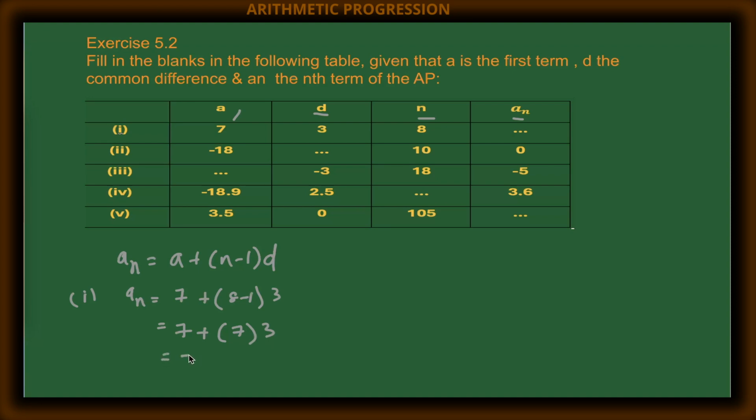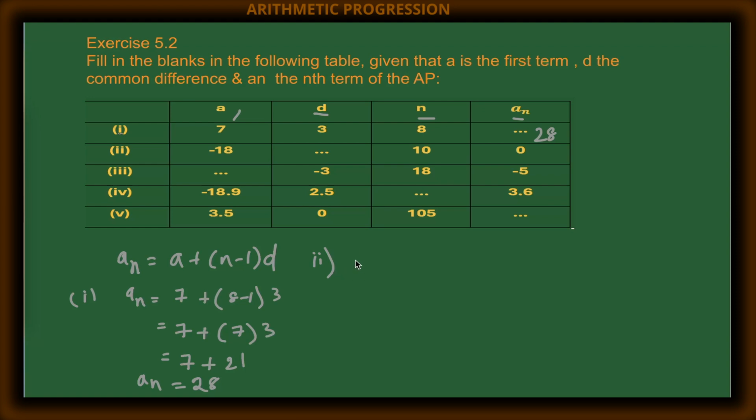Then you have 7 plus 7 into 3. 7 into 3 is 21. So this becomes 28. So an value is 28 in this case. So let's write it down here, 28.